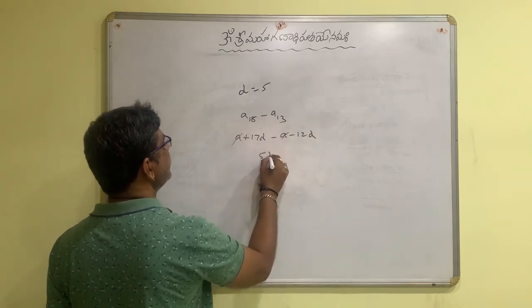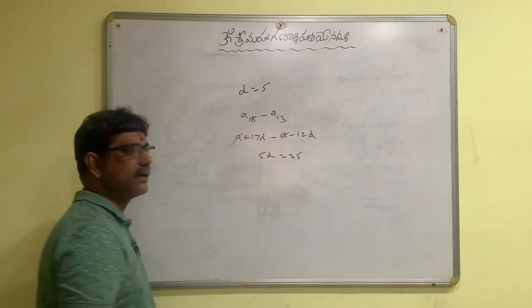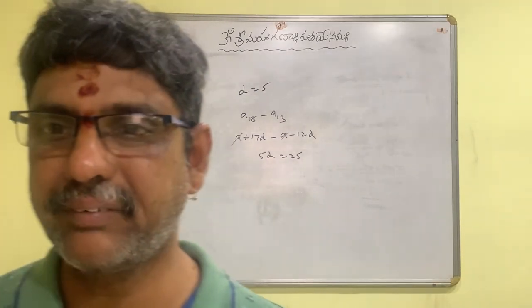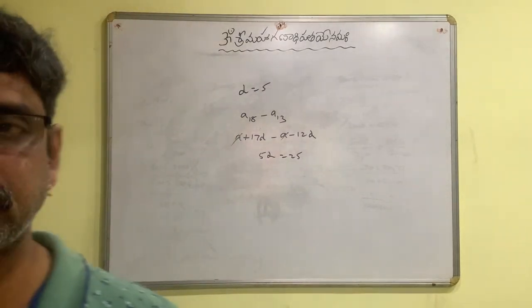A cancels, 5D, so 25 is the correct answer.